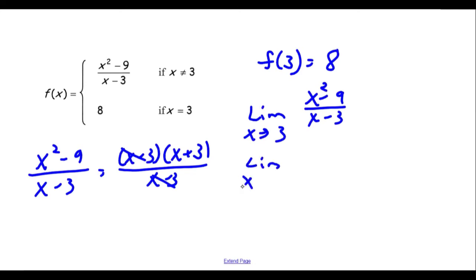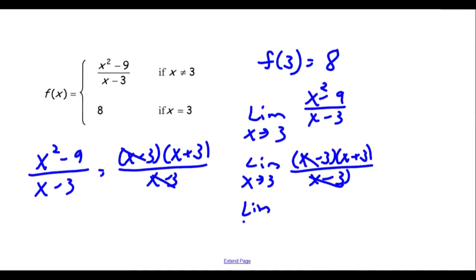So let's do that one. When I do direct substitution, what do I end up with? 0 over 0. That's how I knew I needed to do factoring, which we've already figured out. It's just x plus 3. And so when I plug that in, I get 6.